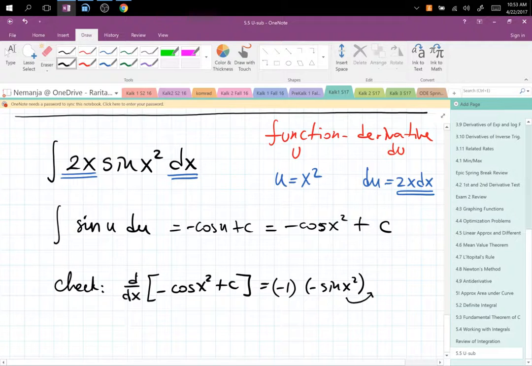The chain rule from here will give me 2x, and then the derivative of c is 0. It doesn't take a nuclear physics degree to see that this is actually 2x sine x squared, right? Negatives will cancel, plus 0 drops, and you have the original problem. So if you're not lazy and you care, you will simply integrate, then differentiate at the end quickly to show that the problem is right.